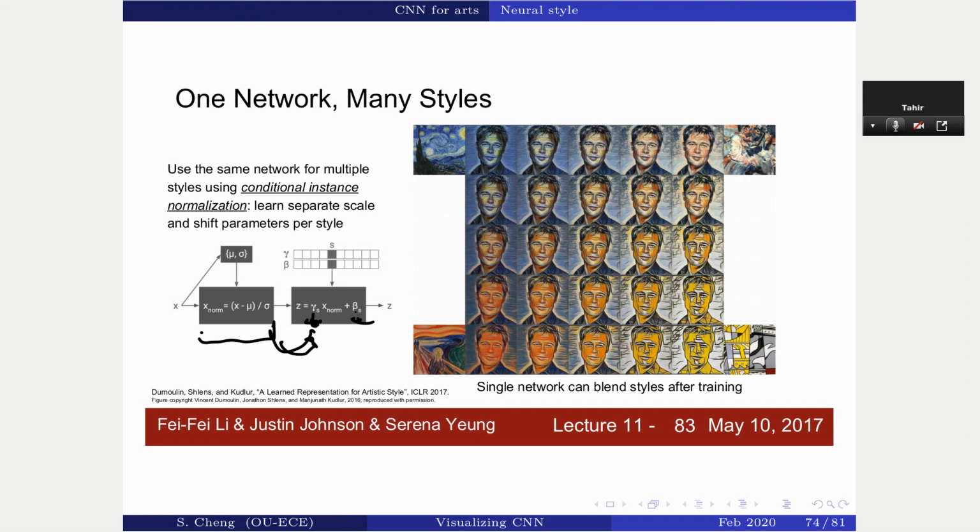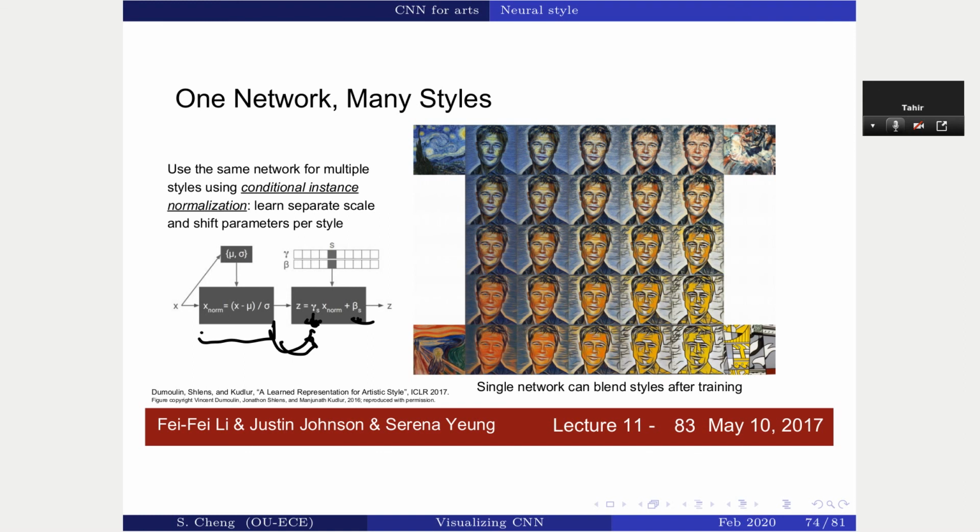But here I can combine several styles, using a linear interpolation for these style parameters. If you do that, you can not only vary how strong one style is, but also combine different styles, and do it in real time, because this again is only a feed-forward network.